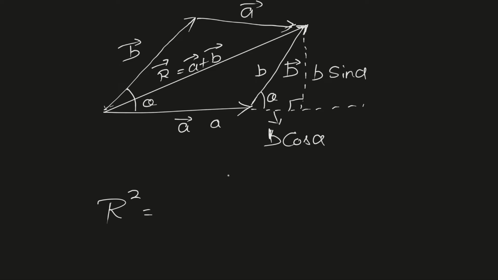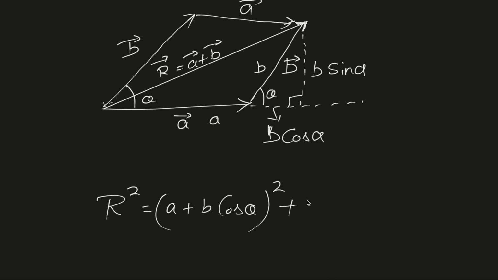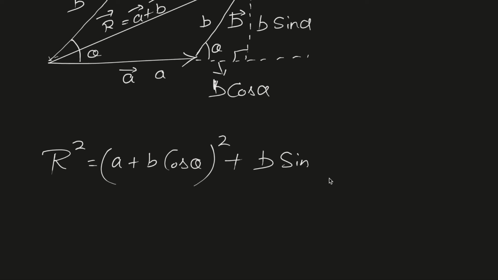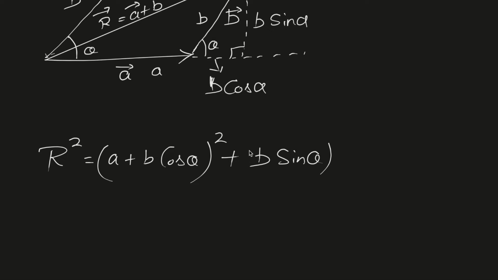is nothing but the base, a plus b cos theta, squared, plus the perpendicular square, b sine theta squared.